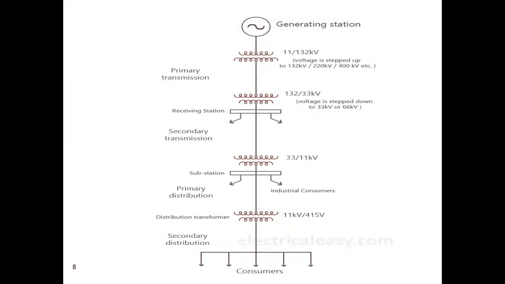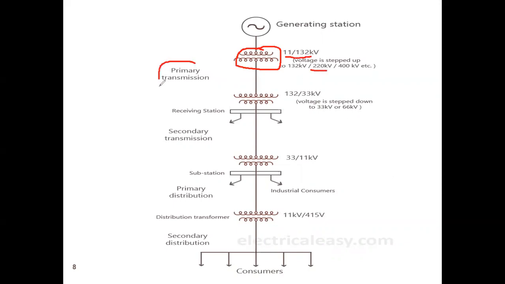Now you see the first transformer after the generating station. In this generating station, mostly 11 kV supply is produced. Then we put one transformer, 11 kV supply to the 132 or 220 kV supply.